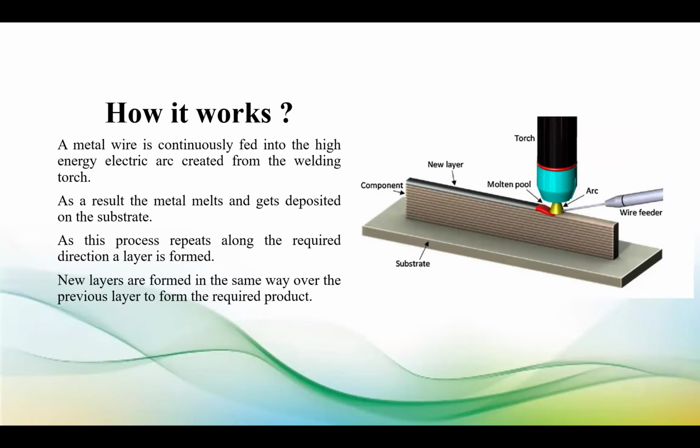That metal will melt because of the high temperature of that arc, and the molten metal will be accumulated layer by layer. So by layer printing, we can create objects. This is the simple method of creating a particular object using wire arc additive manufacturing.